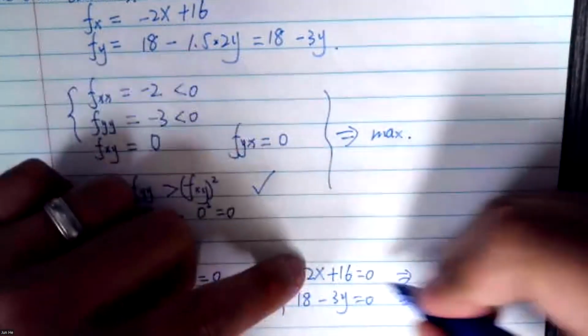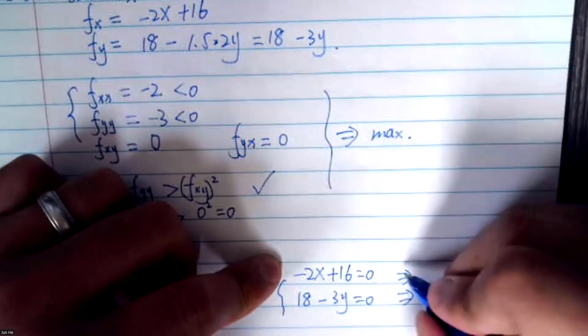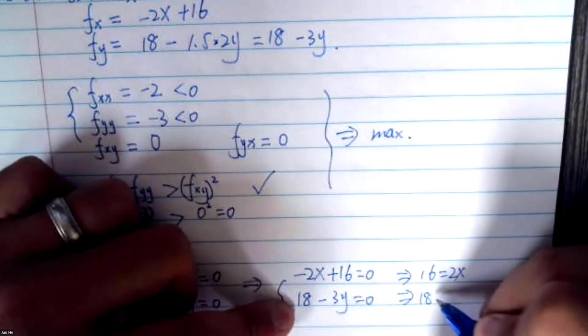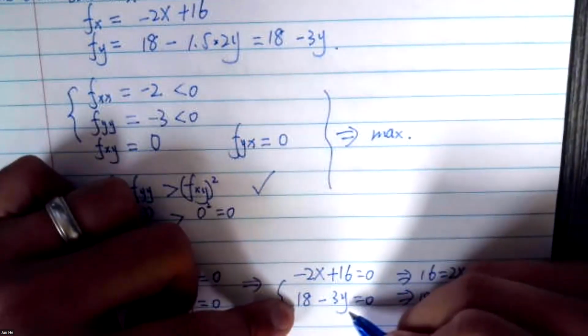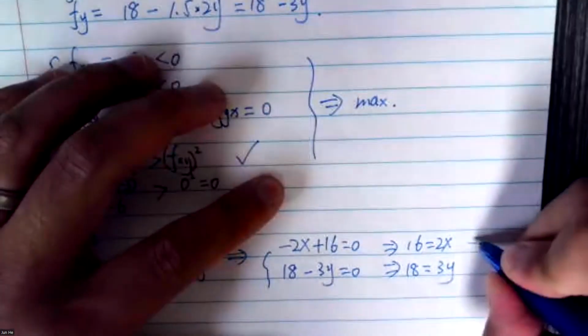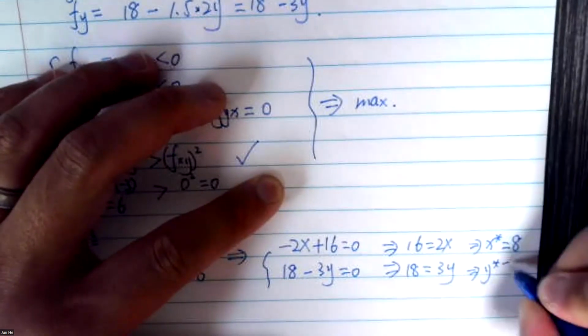The solution of the first one: move the minus 2x to the other side of the equation, 16 equals 2x. And here 18 equals 3y, moving the minus 3y to the other side and changing the sign into positive. So we have x star equal to 8, y star equal to 6.